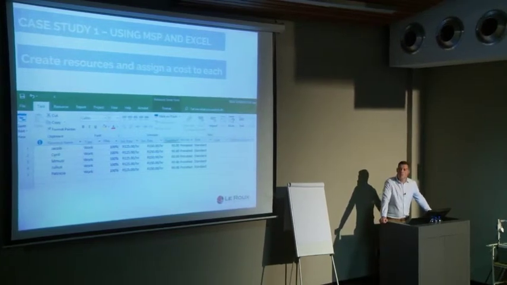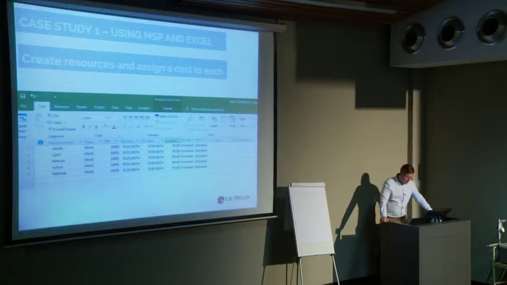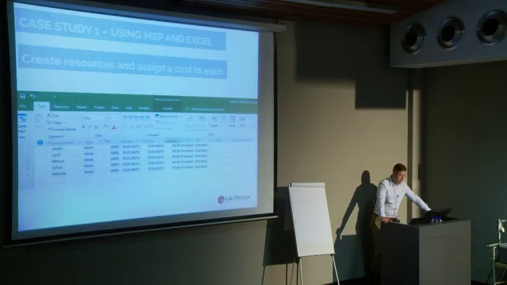Agree? So I've got there Jacob, Cyril, Musi, Julius, and Patricia. They are my 5 resources, the developers. They are work resources, and they are costing me $125 an hour. And I've got overtime there as well. Very simple. I've created those 5 resources.